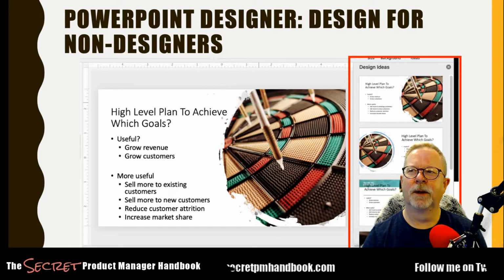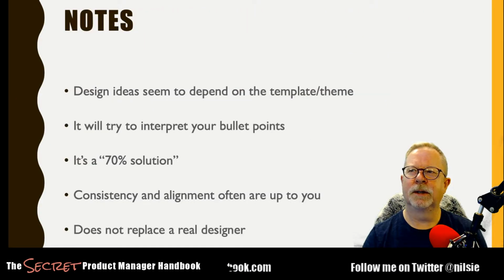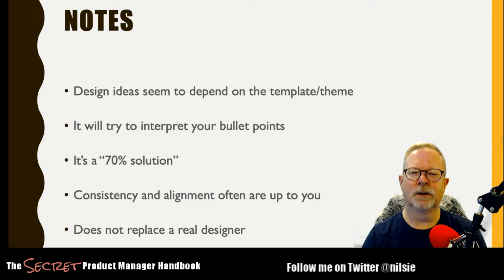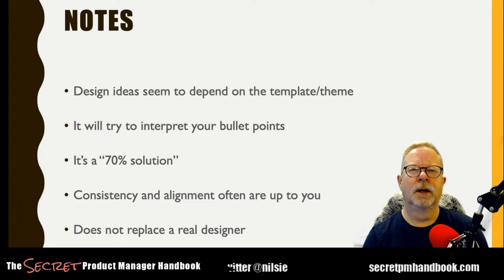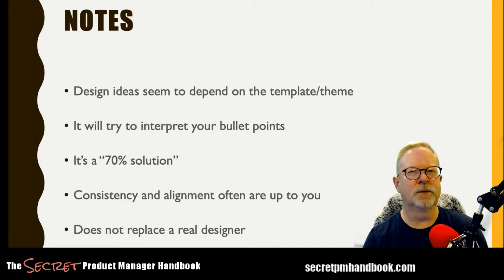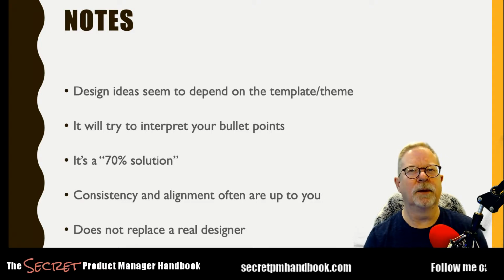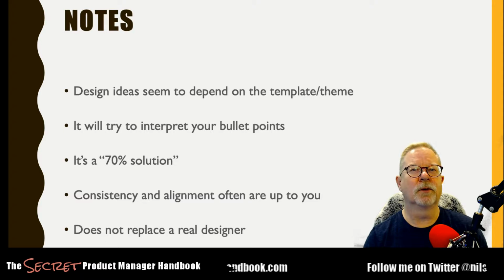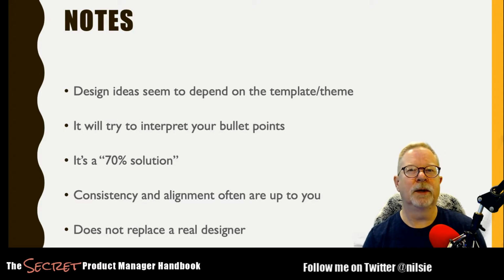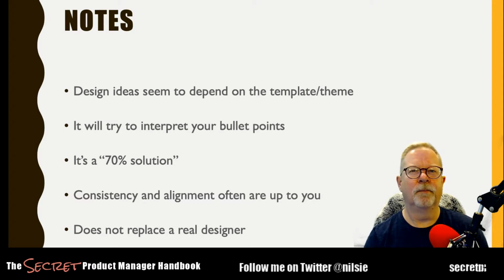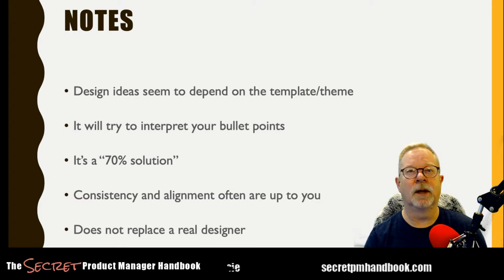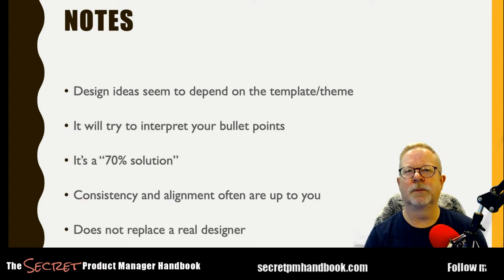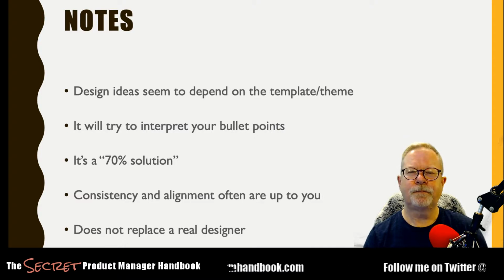So the way this works, I'll just give you some notes here: the design ideas, as I mentioned, are different for different templates. It does try to do a little bit of inference about what your slide might be about. Like when you have bullet points, it might try to figure out some appropriate icons based on the wording. It's not a full solution, as you'll see. It's kind of a 70% solution. A lot of times it's good enough. Sometimes you have to do some tweaking.